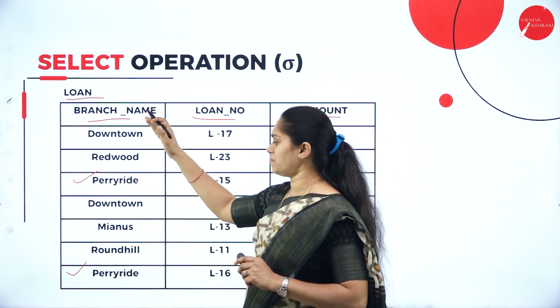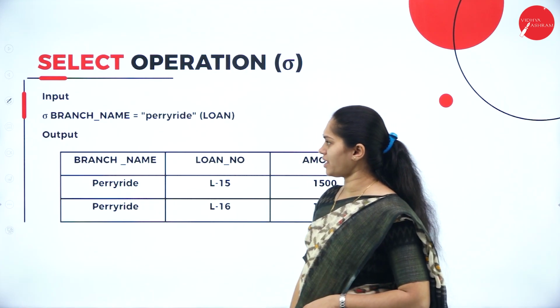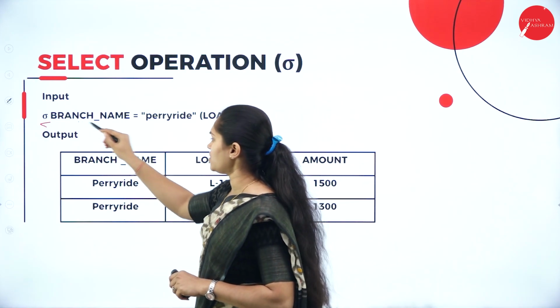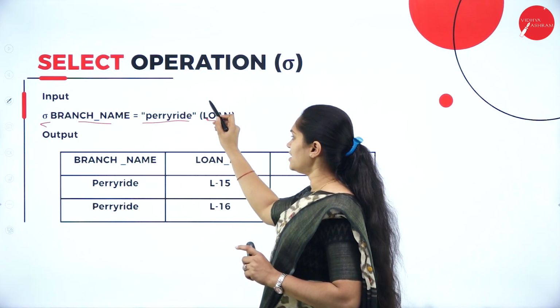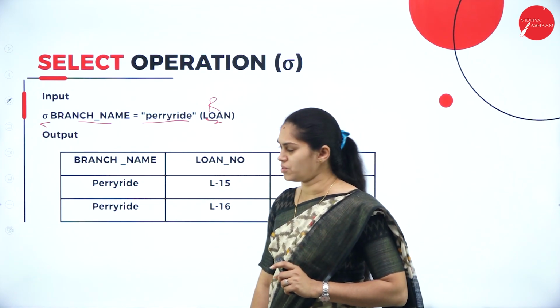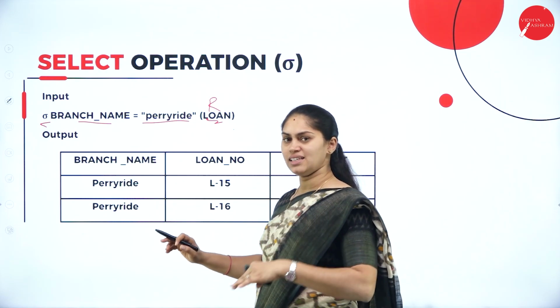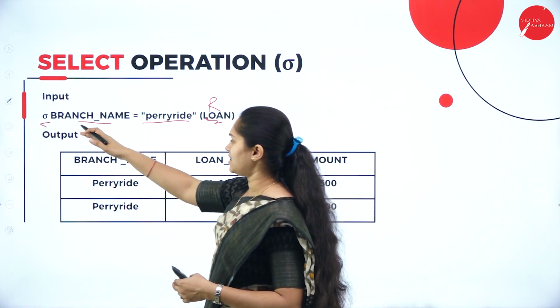I wanted to fetch the rows where the branch name is equal to Perry, right? So here you can see that I have to use the sigma symbol. What is the condition? The branch name should be Perry. Then what is the name of the table here? That is the name of the relation, loan. We had taken the relation as an input, and this is the condition.